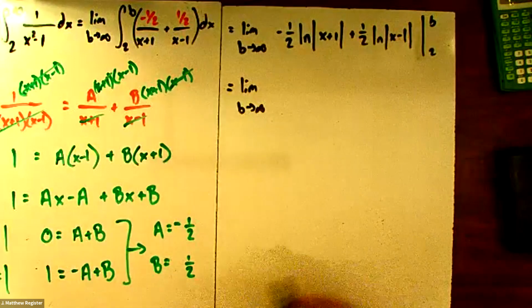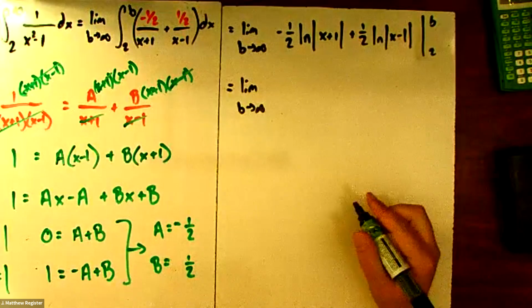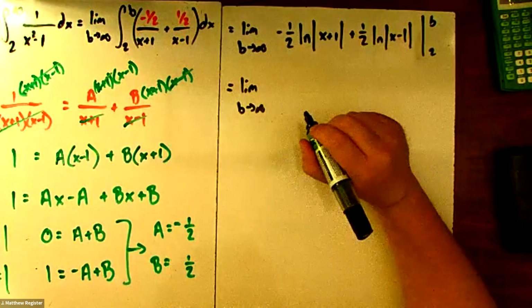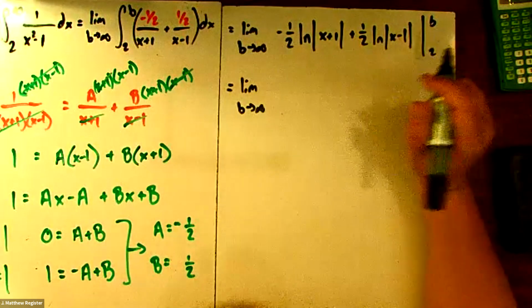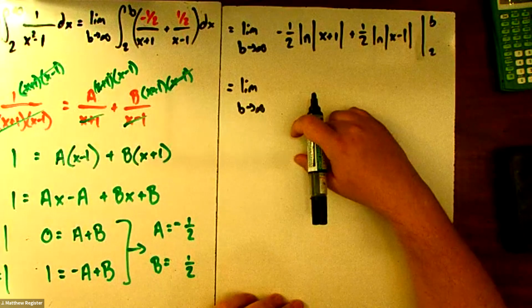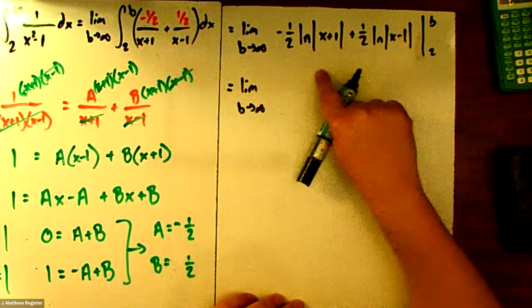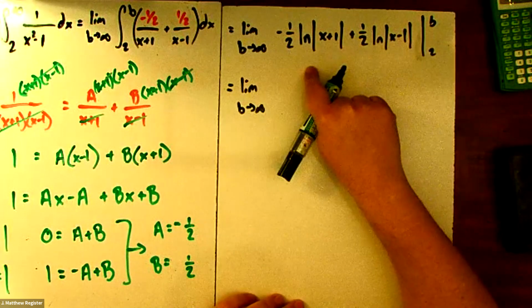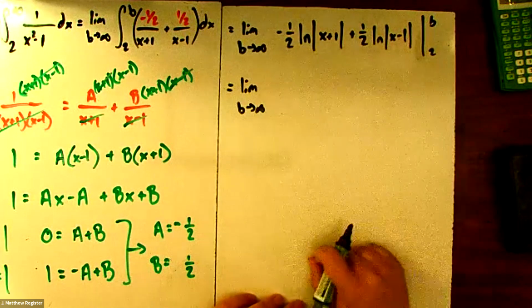And now we can start plugging stuff in. It's not going to be very nice, I don't think, but that's okay. Honestly, before we do that, it might make sense to clean this up a little bit, because we have natural logs and we have our sum and difference formulas.